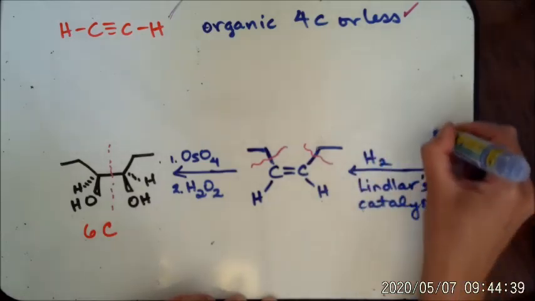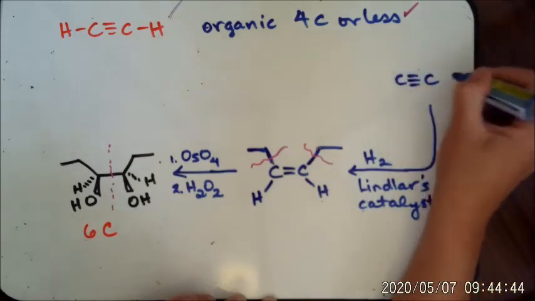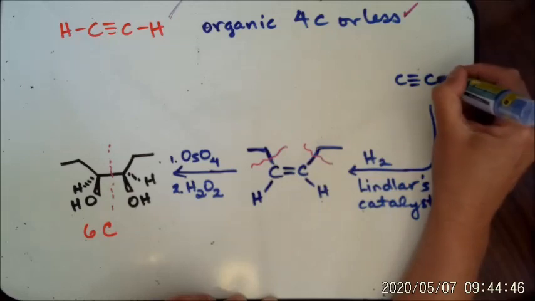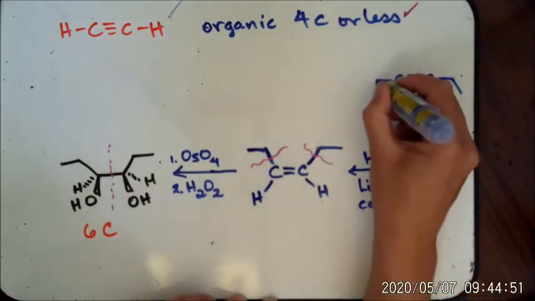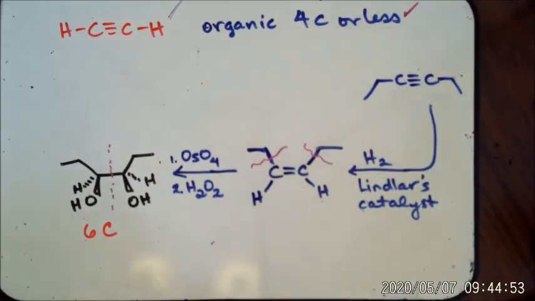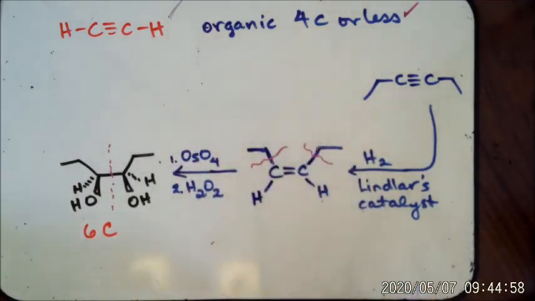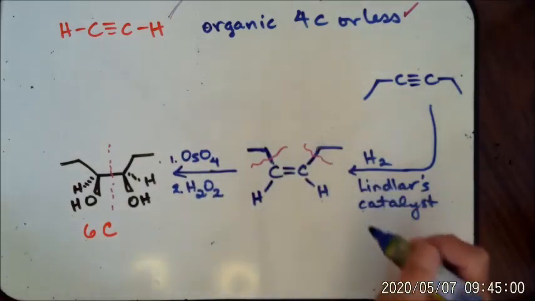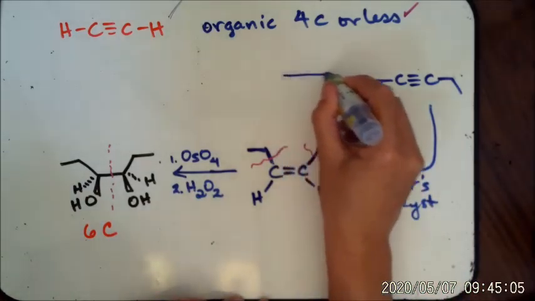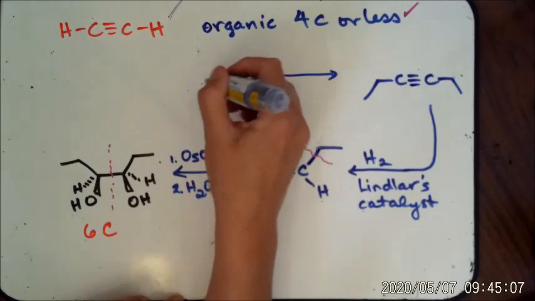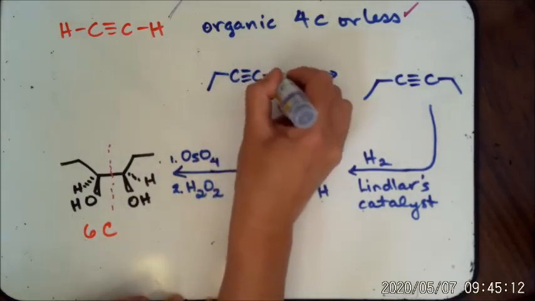Okay. And what do I start with? It's got to be a triple bond here. And then I have an ethyl group here. And an ethyl group here. Okay. Now, how do I make something like acetylene longer? You use an SN2. So if I use an SN2, that means I have to do it twice. So the first one, C triple bond CH.